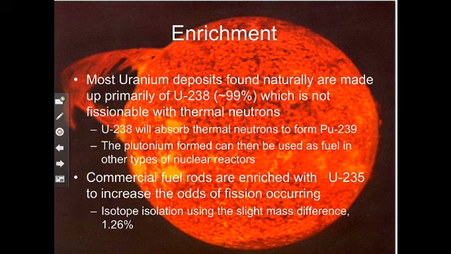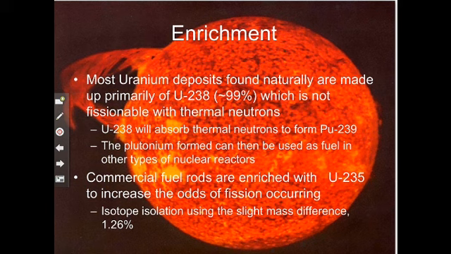That particular isotope is not fissionable because what happens is the uranium-238 will form plutonium-239, which isn't the same reaction that we want to have happen. It's not as efficient, and so what we do is add uranium-235 to the uranium-238, and so you have a mixture of isotopes within a particular fuel rod.